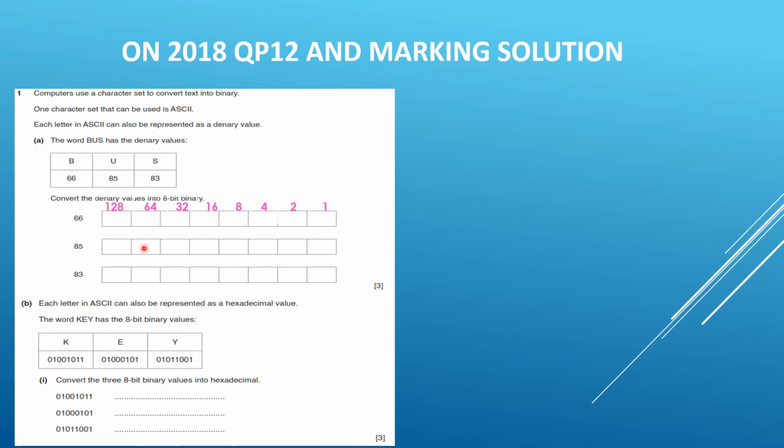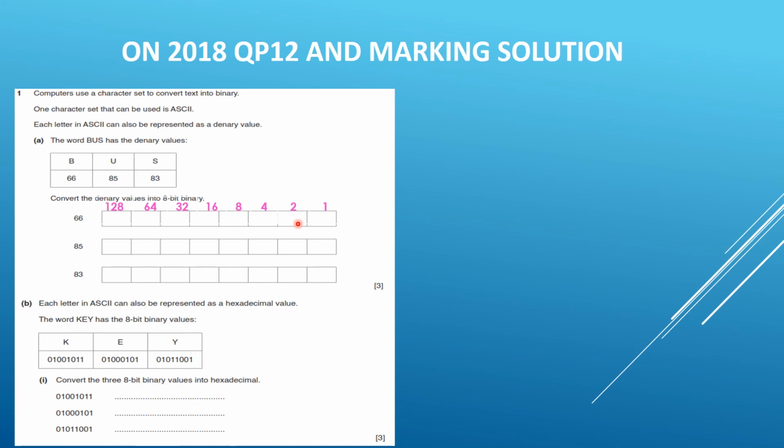Now, to get the number 66, we need to turn on a few of the binary notation. Here we have 66, and we are given 64. This is very simple, 64, and then you will be having 2. 64 plus 2 will give you 66.